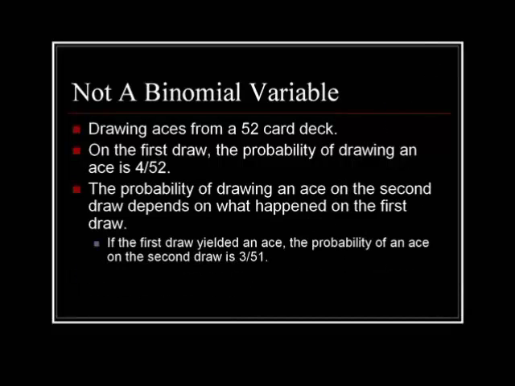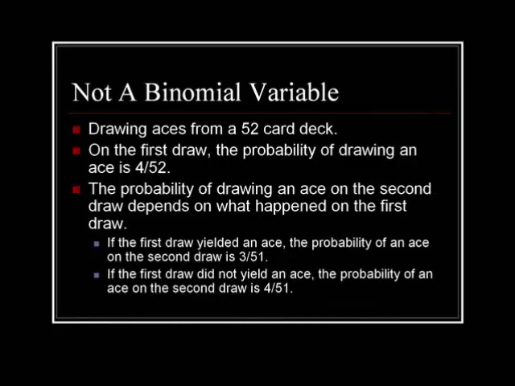If you had an ace the first time, there's 51 cards left, and only 3 of them are aces, so the probability is 3 out of 51. So it's not independent. What happened in one trial affects what happens in the second. We could also have not gotten an ace the first time, and that would also impact what happens on the second draw. And the probability changes. It's now 4 out of 51.